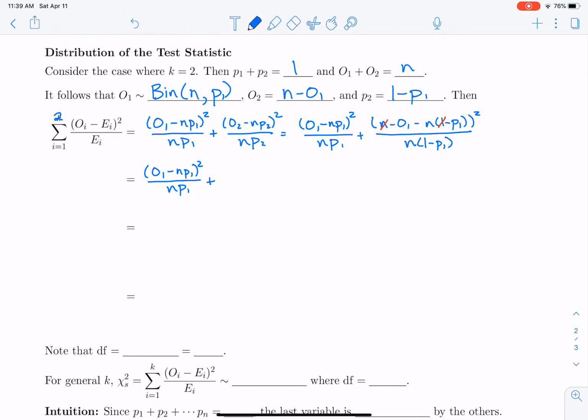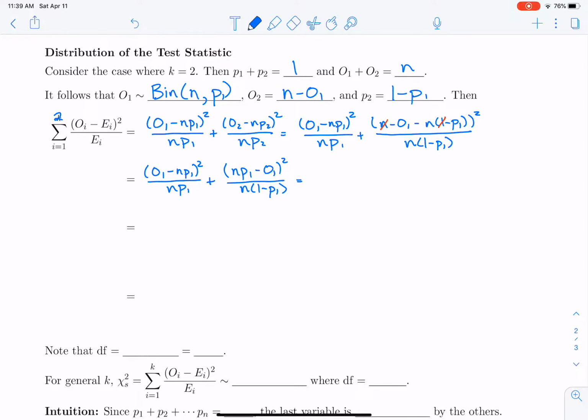So what I'm left with is actually (np1 minus O1) squared over n times (1 minus p1). And I hope you can see that the numerator is actually the same for both of these fractions because we're squaring. Okay, so what I'm going to do is add these two fractions together.